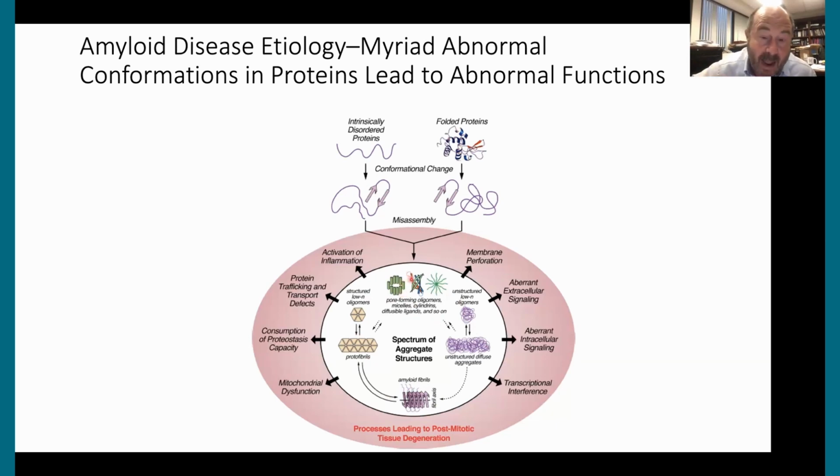Moreover, there's evidence now from drug trials that if you can stop the transformation of newly synthesized proteins into this spectrum of aggregates, you can stop an amyloid disease from progressing without clearing the amyloid fibrils that are already present. So I just want to stress to you that there's a big question here with regards to what structures are the main drivers of amyloid disease, and that's not resolved yet.